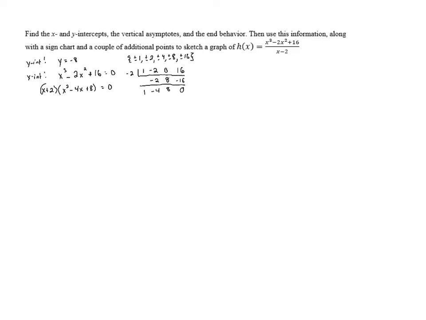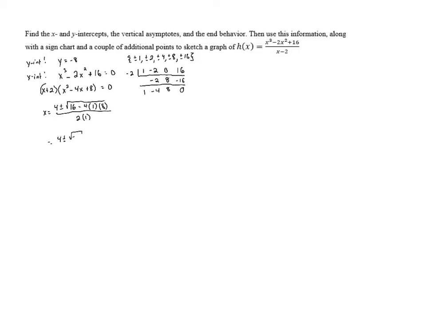So we can try and solve x equals the opposite of b, which is 4, plus or minus the square root of b squared, which is 16, minus 4 times a times c, all over 2 times a. And if we look under the radical, we're going to have 16 minus 32, which is negative 16.